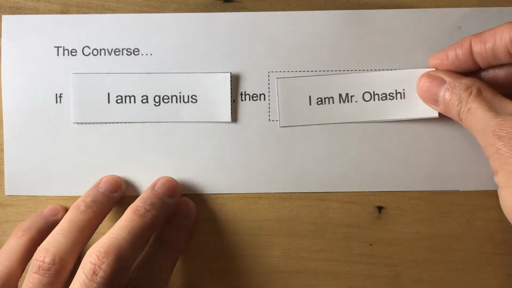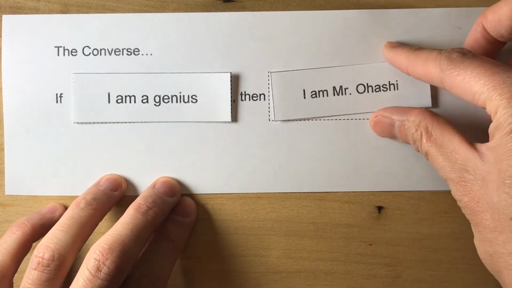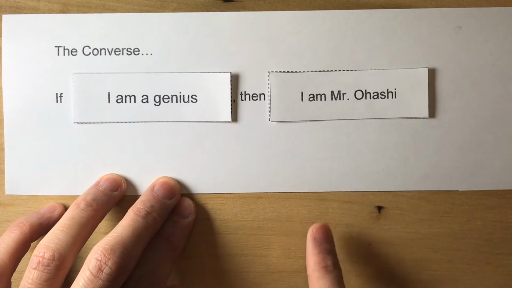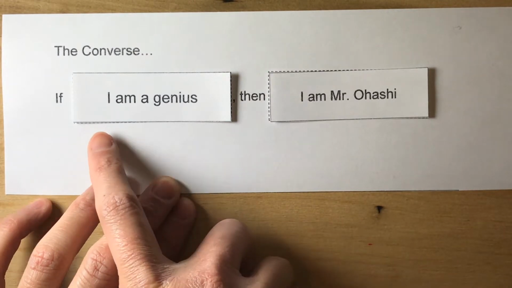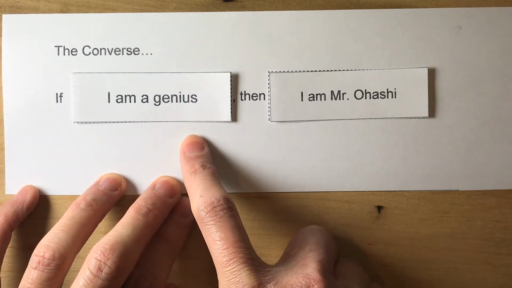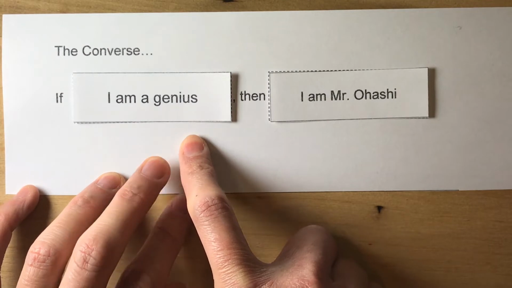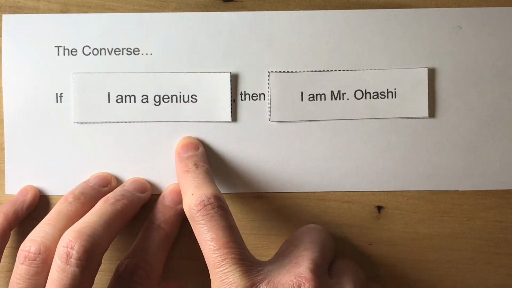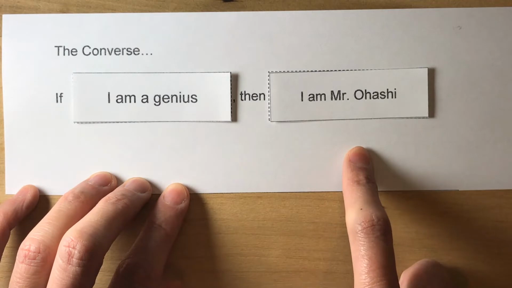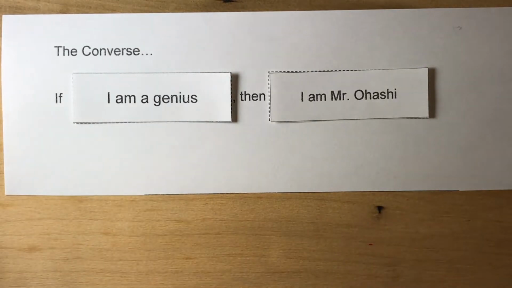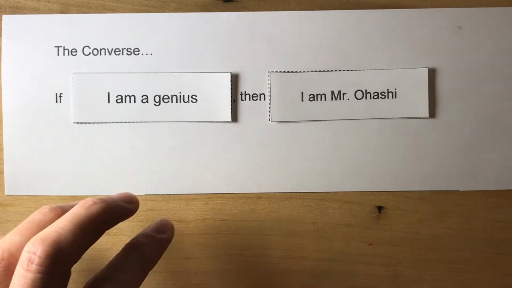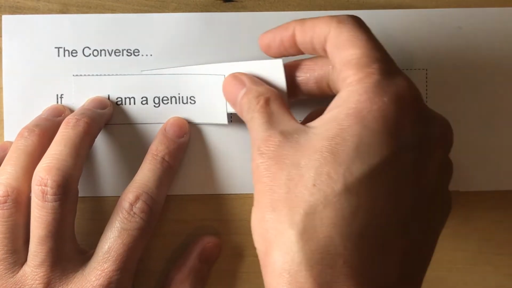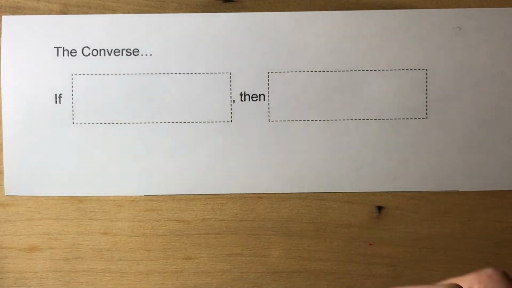If I am a genius, then I'm Mr. Ohashi. Now that is not necessarily a true statement, because if I'm a genius, I could be Einstein or Newton or Galileo, not necessarily Mr. Ohashi. So it's important to note that the converse of a statement is not always true. However, the converse of the Pythagorean theorem is true.